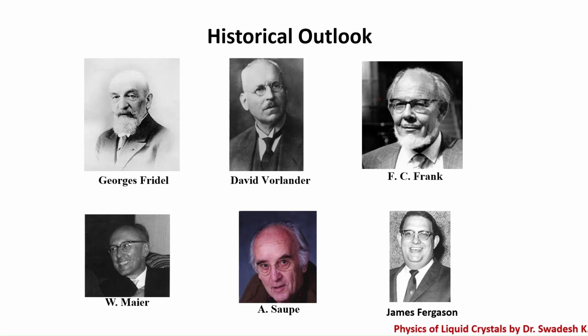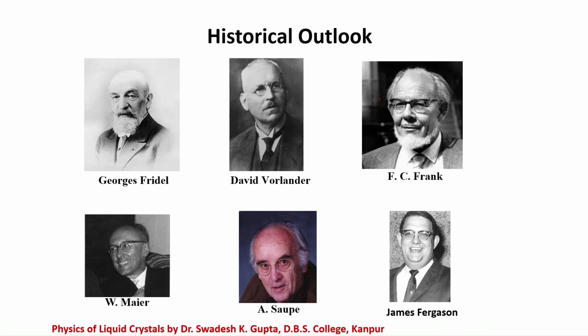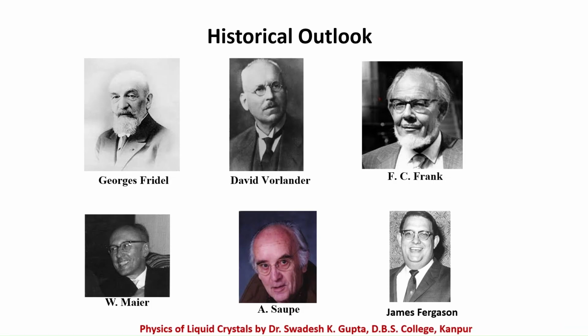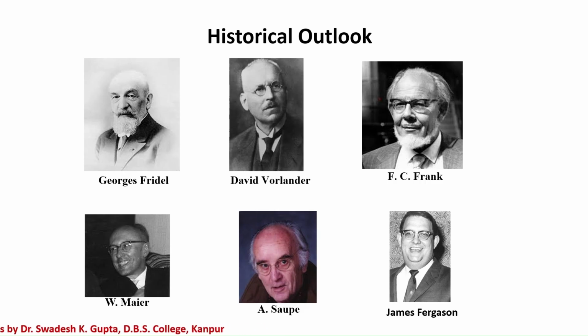In 1922, George Friedel proposed the classification scheme using the words nematic, smectic, and cholesteric for different liquid crystal phases. In the same year, the German chemist David Vorländer, for the first time, observed different LC phases in a single substance. Now remember this: Otto Lehmann was a German physicist and David Vorländer is a German chemist.